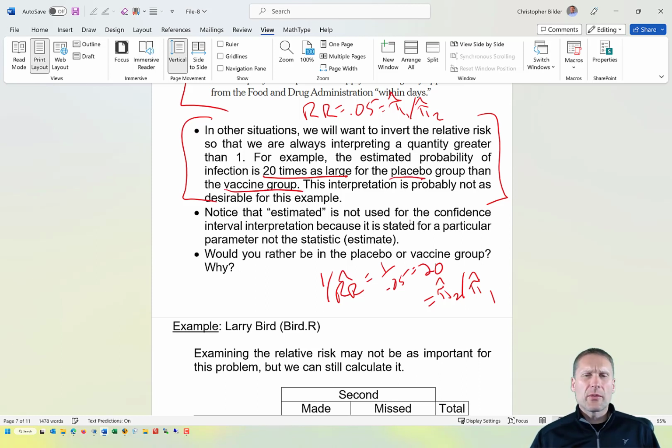This kind of interpretation wasn't used at all with the COVID-19 vaccine clinical trials, but there are other situations out there where doing this inversion, always having a relative risk greater than 1, can make the interpretation just a little bit easier. One way to think about that is to go back to some of my original interpretations when we looked at the 0.6 divided by 0.4, where you had a relative risk of 1.5.